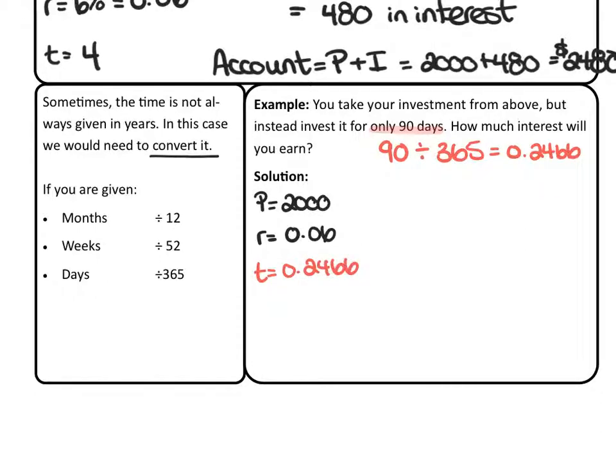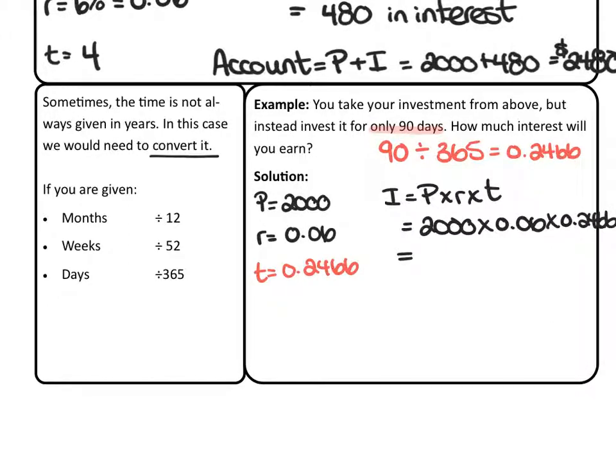Now it's in years, so we can actually do I equals P times R times T. So 2000 times 0.06 times 0.2466. And if we multiply that, we get $29.59 if I round it.